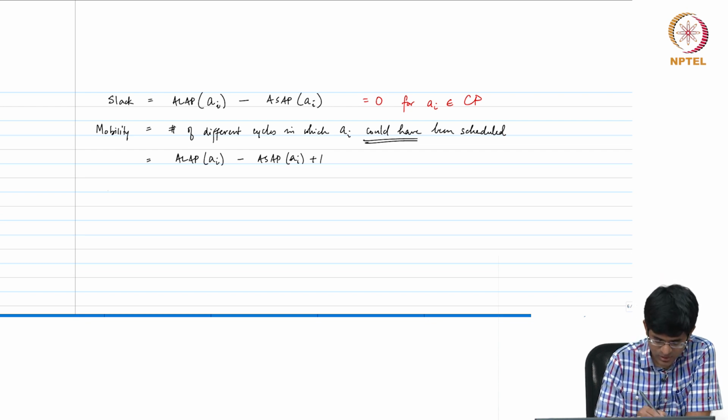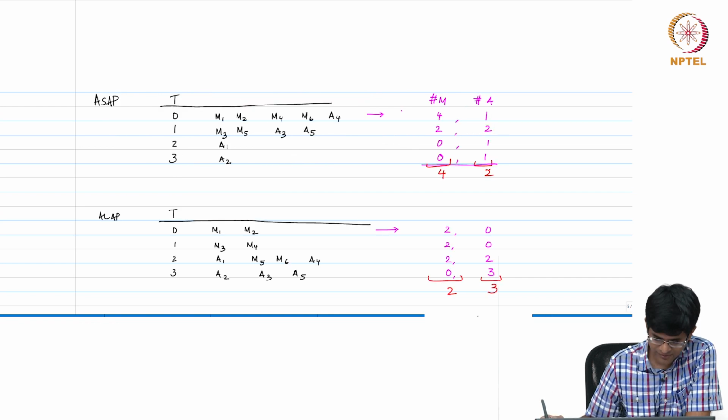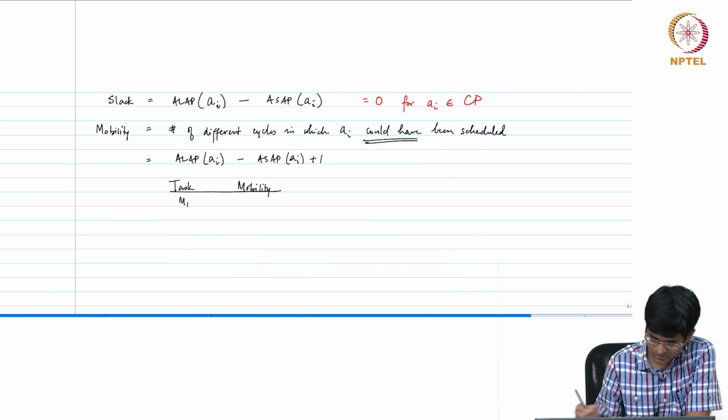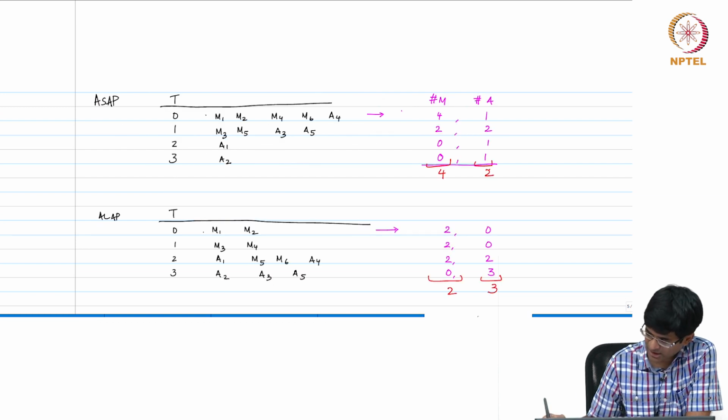Okay. So let's quickly try to write down the mobility values for the different operations, right, because that will help us with our computations later. So for example, M1 from this graph has a mobility of 1. Similarly, M2, and in fact everything on the critical path out here, right.